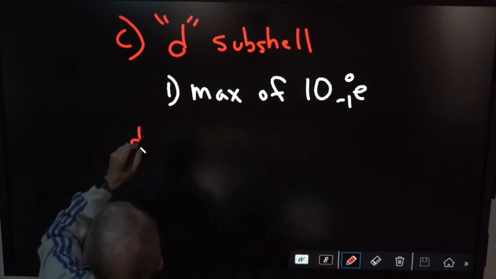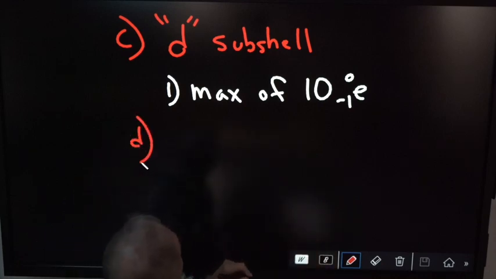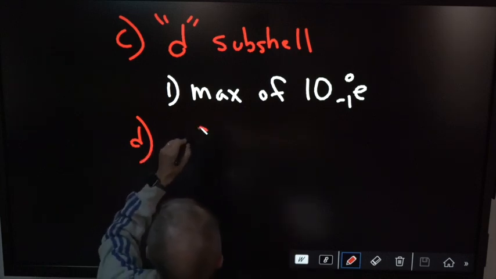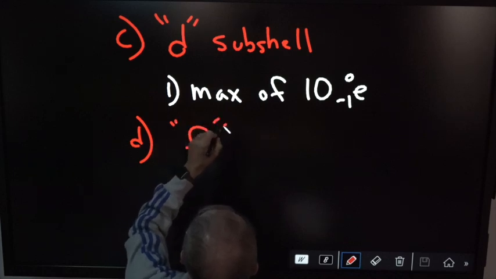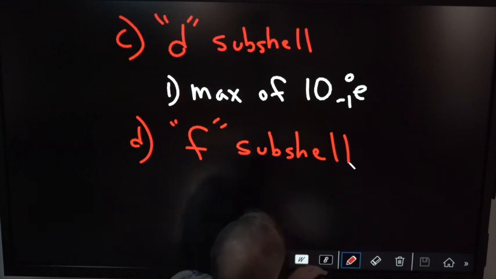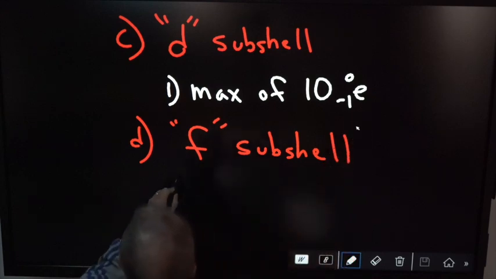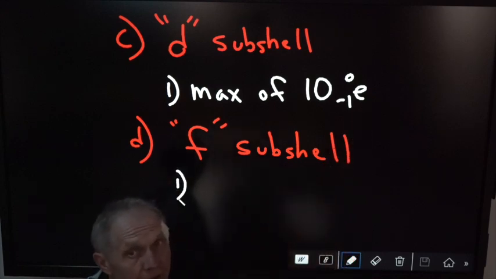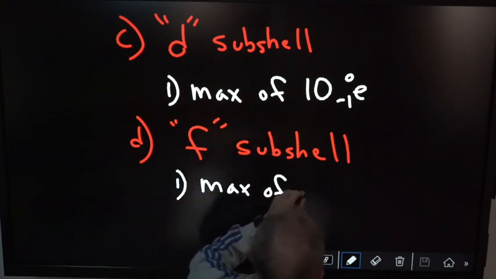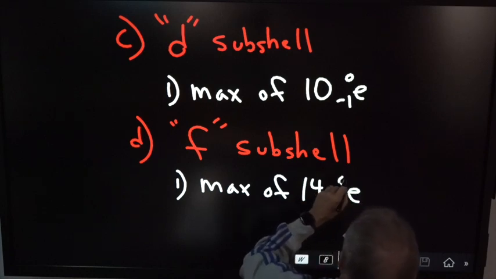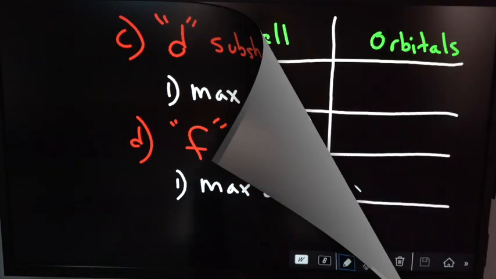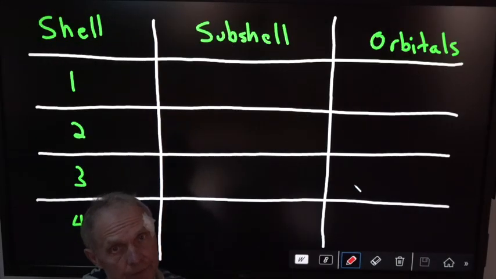This is letter F. And the most unstable subshell is called the F. That's way out there. And this has a max of 14 electrons.